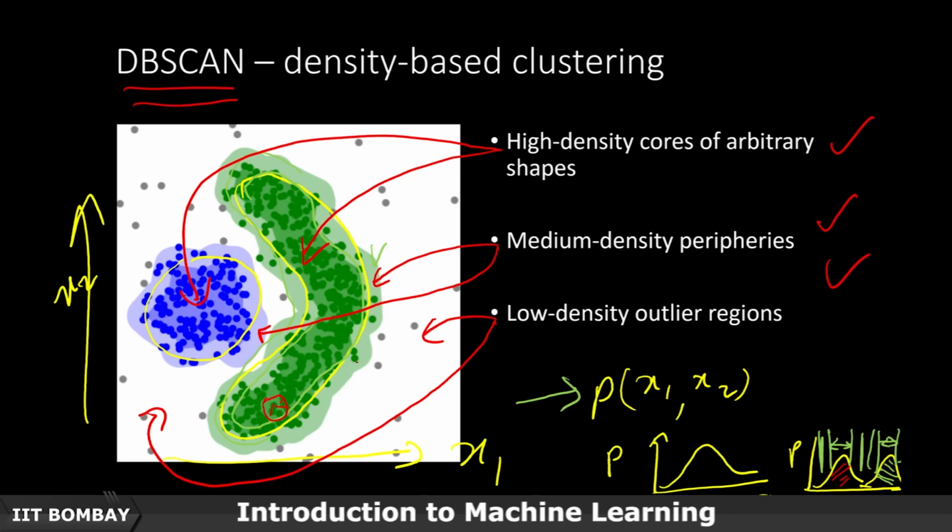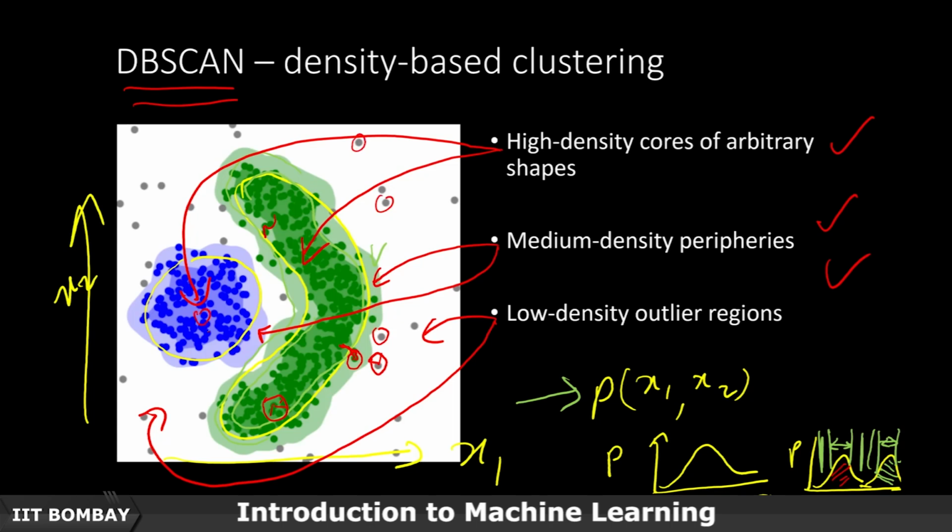Now if I look at a reachable point, I do not have, let us say, 2 points within an epsilon radius, but there is a path that connects it to the core point by hopping over other reachable points or by hopping over the core points. Okay. So this hopping behavior lets me reach there, but if I draw an epsilon radius around this point, then there is no other point in the vicinity. So these are all outlier points.